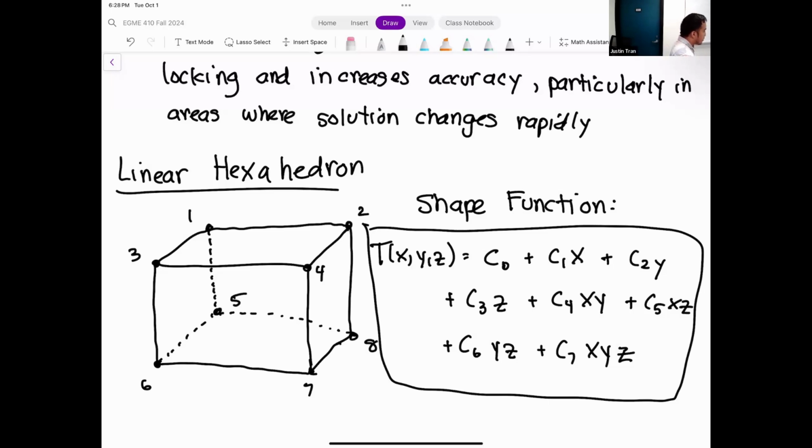That last term is actually really interesting because if you compare this to the shape function of the quadratic tetrahedron, even the quadratic tetrahedron didn't have that term.